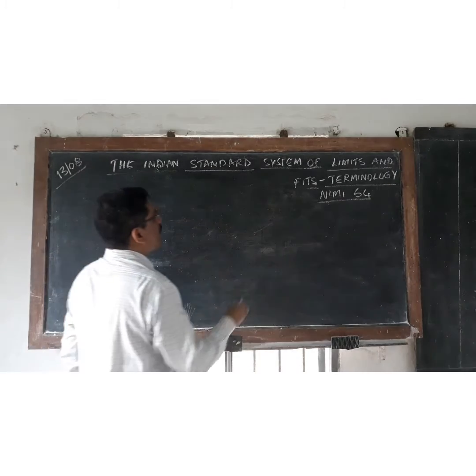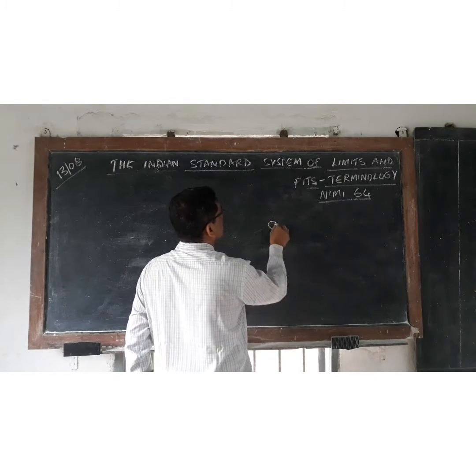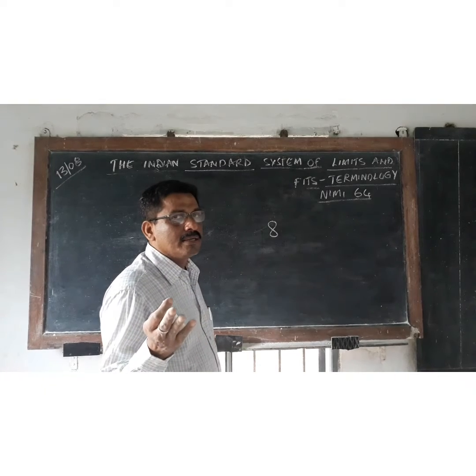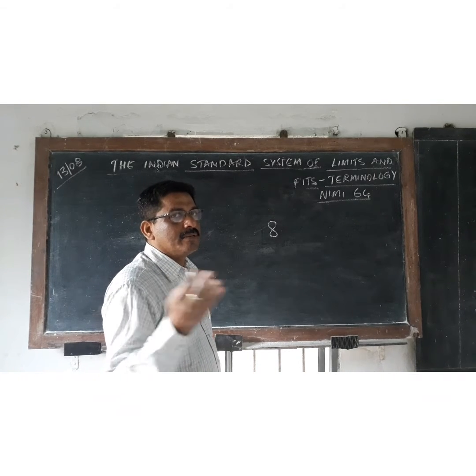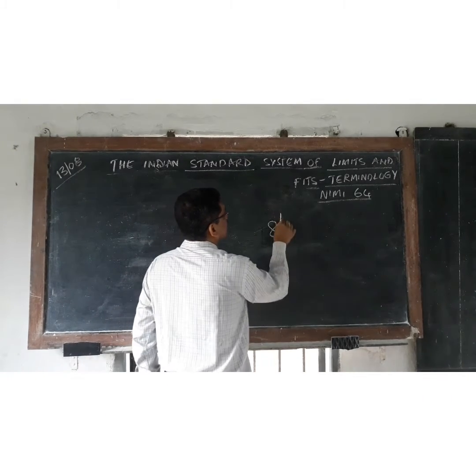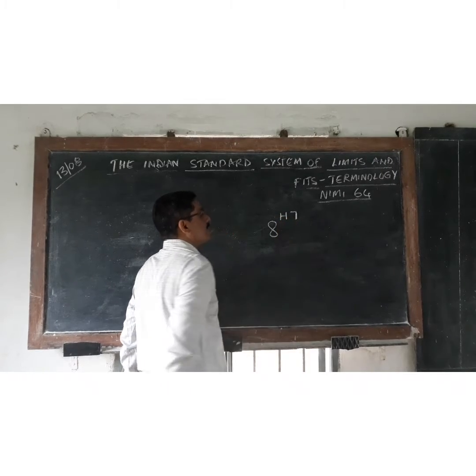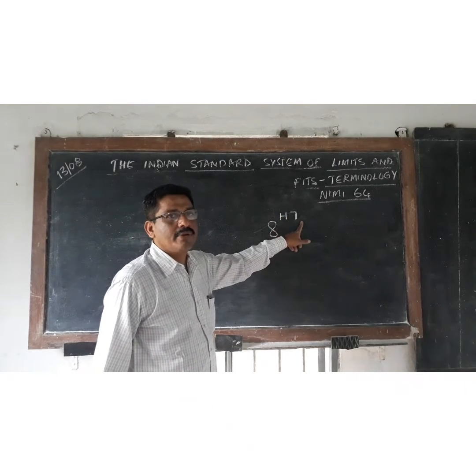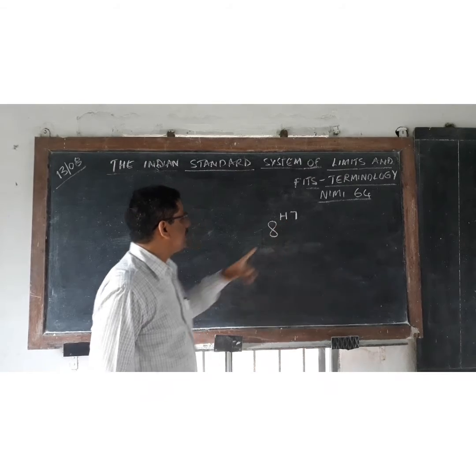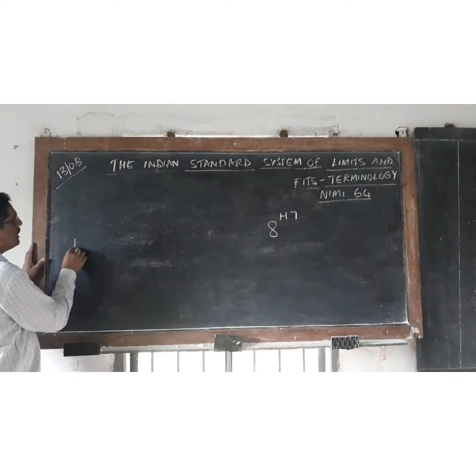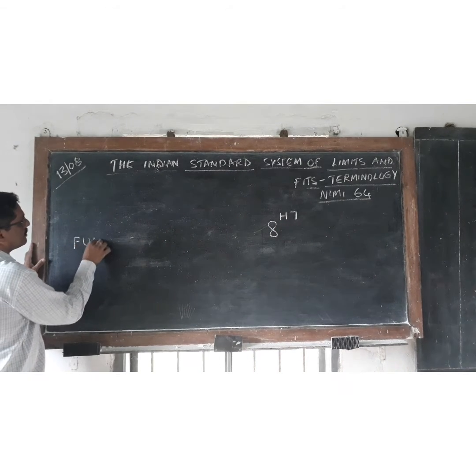You might have seen in the drawing, I think it is given, for reaming 8, capital H7. So this H is called a fundamental deviation.